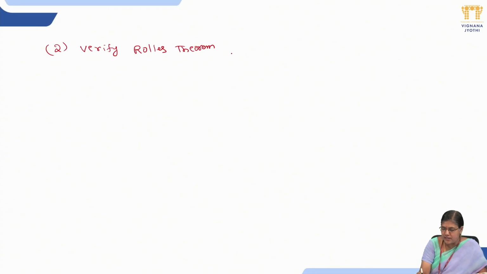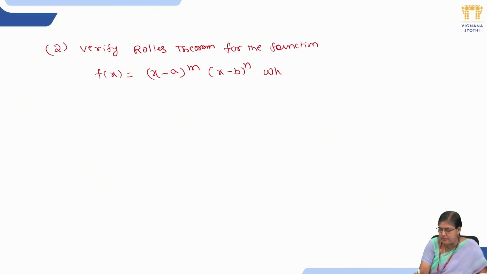Verify Rolle's theorem for the function f of x is equal to x minus a whole power m into x minus b whole power n, where m comma n are positive integers, in closed interval of a comma b.